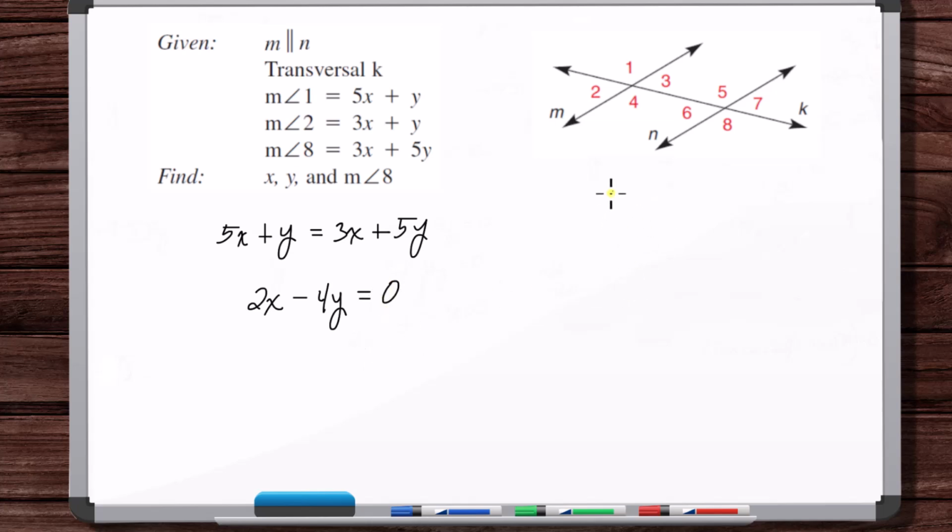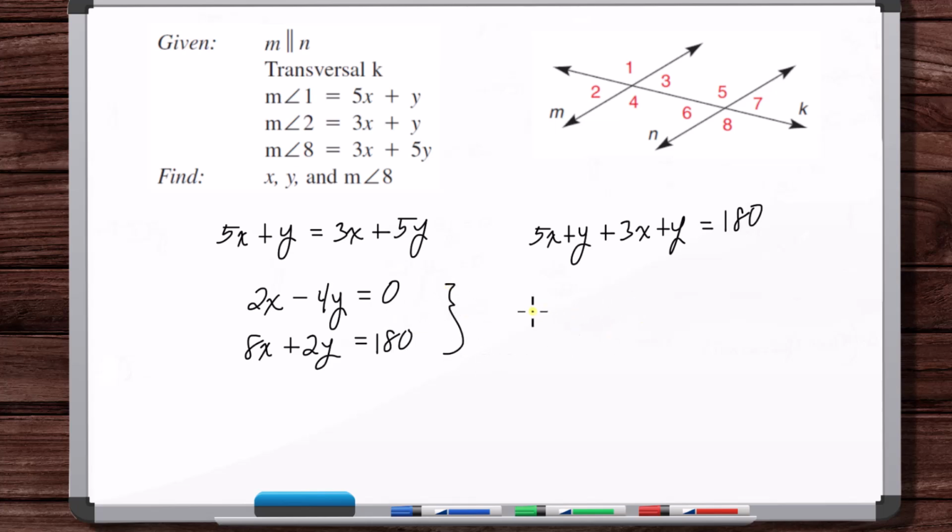Okay. Now the measure of angle 1 and the measure of angle 2 are supplementary. So 5x plus y plus 3x plus y is equal to 180. So we've got 8x plus 2y is equal to 180. Okay, so now let's solve this system of equations here.